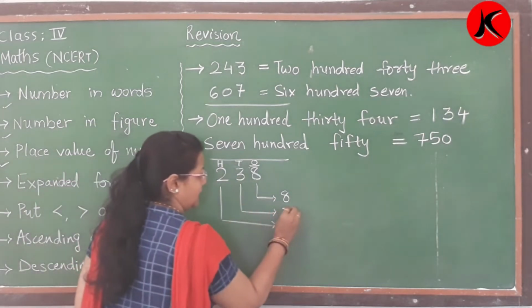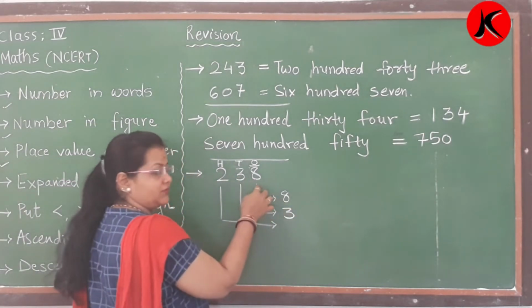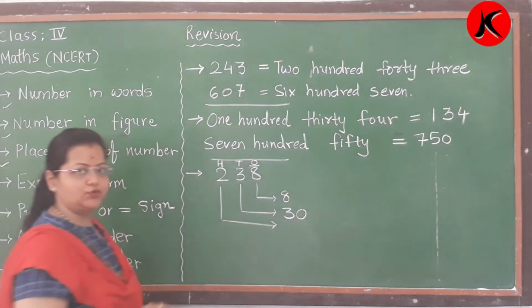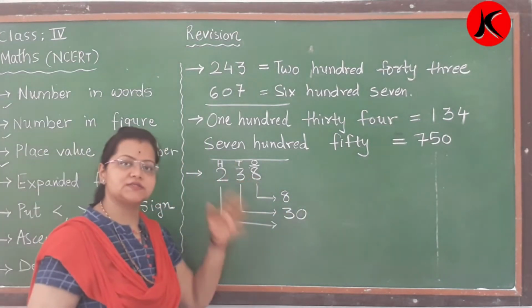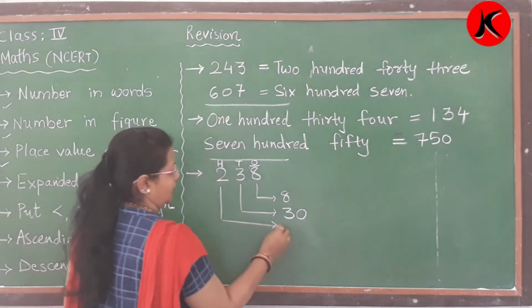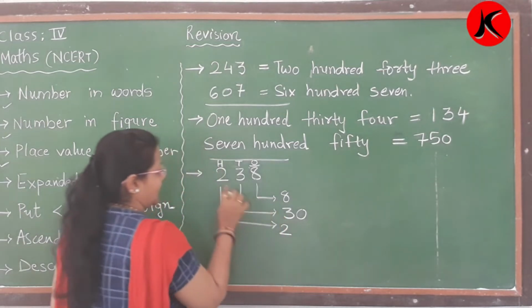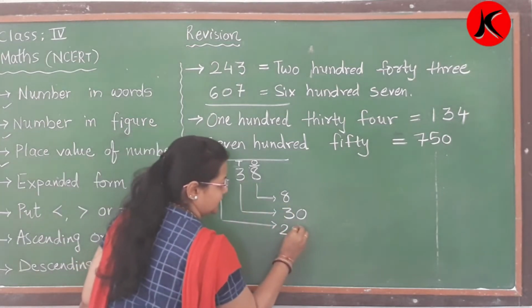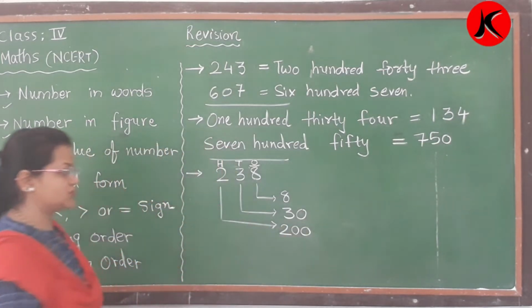So 3, and how many digits after 3? 1 only. So write 1 0. You have to add 0 after whichever number is there. Now here 2 is on the hundreds place. So write 2, and after that how many digits are there? 1 and 2. So write 2 and two zeros, 200.